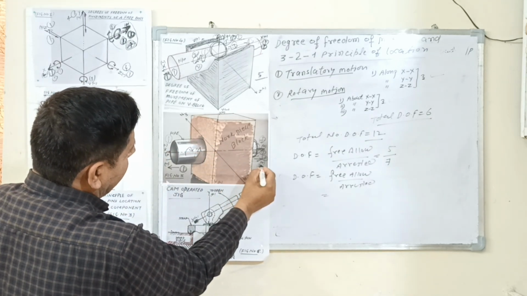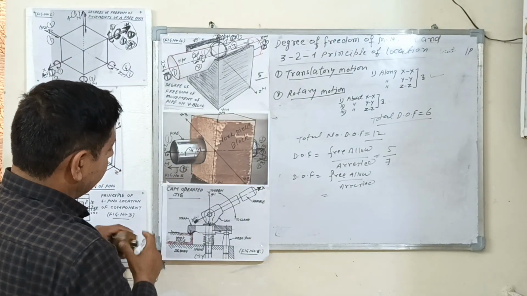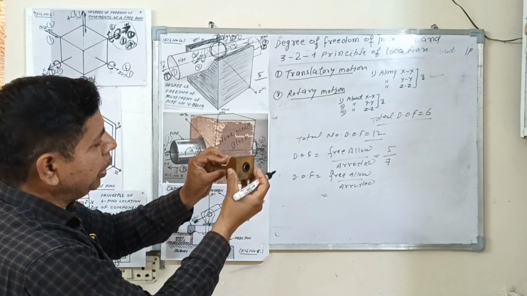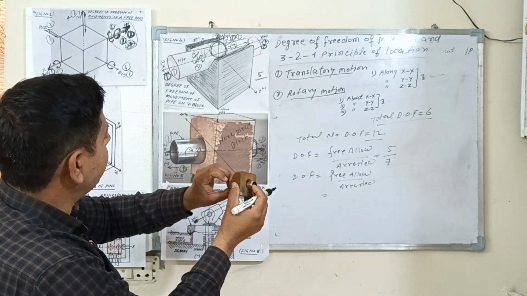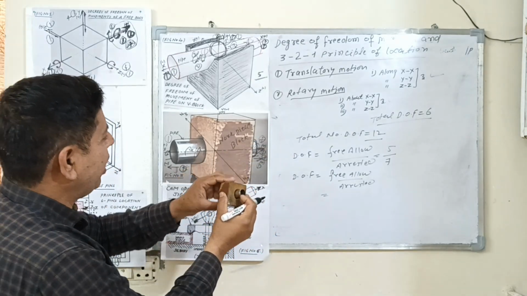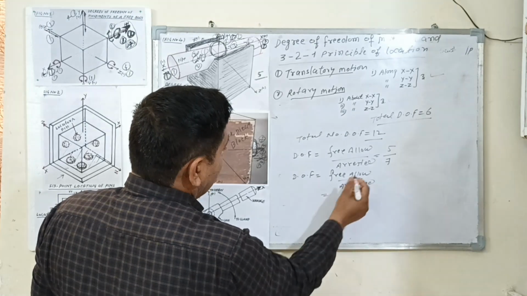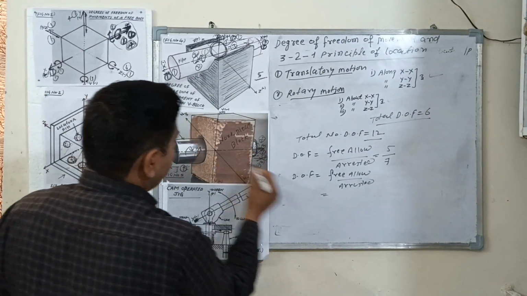Degree of freedom is 1. Along the minus x-axis, degree of freedom is 1. The pipe moves about the x-axis in a clockwise direction and anticlockwise direction. So free allow degree of freedom is 1, 2, 3 and 4.